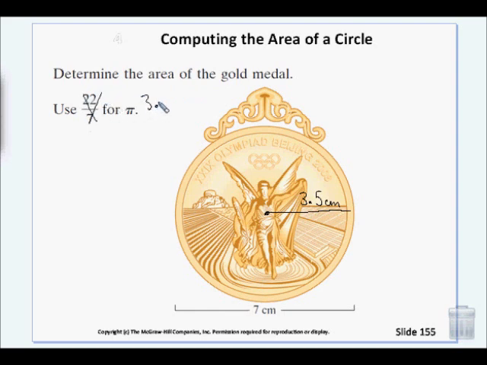Just use 3.14. They're the same thing. So the area is pi r squared. So I have 3.14 times 3.5 squared, which is 3.14 times 3.5 times 3.5.